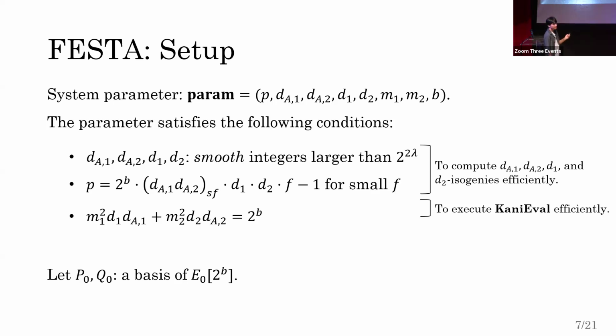The positive condition is necessary to compute all isogenies of degree B1 and B2. This is because we have to use the theorem. And the third condition is to execute some acceleration. In addition, P0, Q0 is a basis of the 2 to the e torsion subgroup.